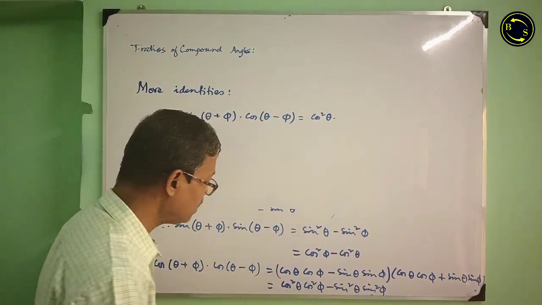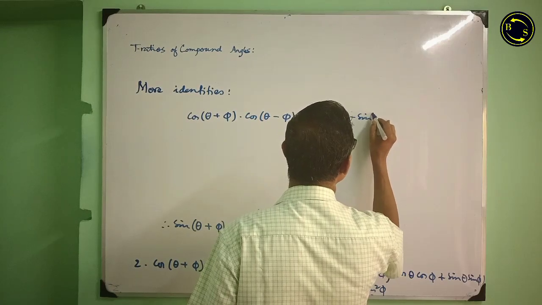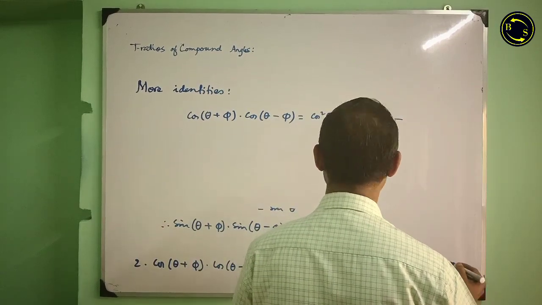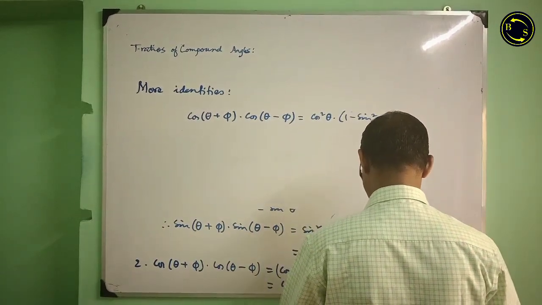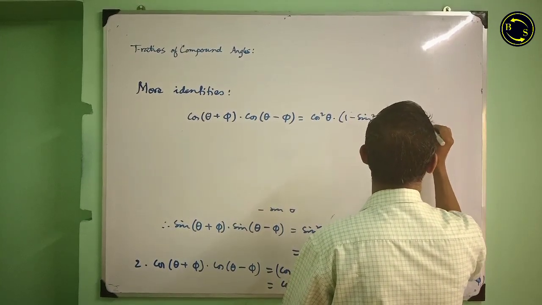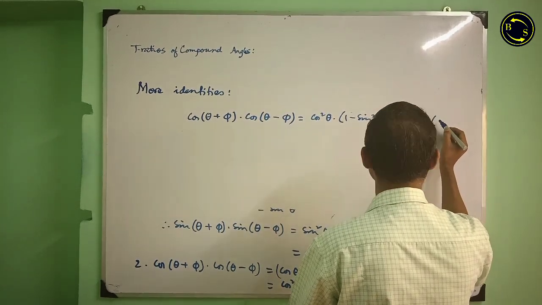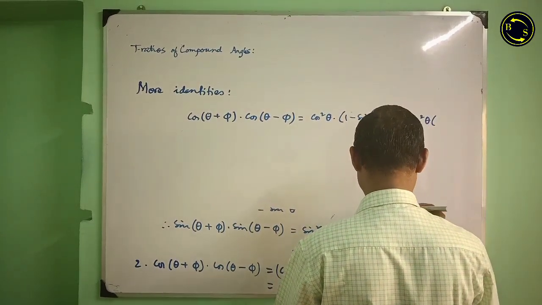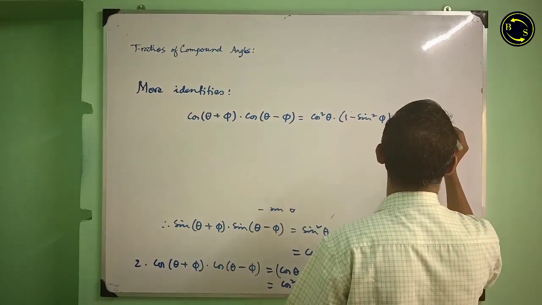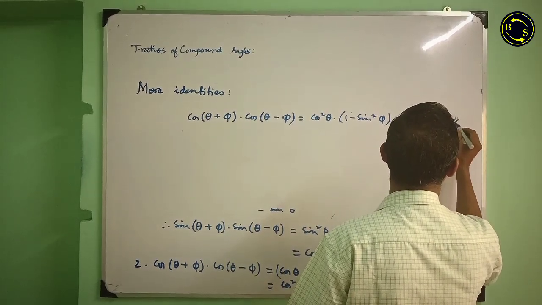This cos square phi is replaced by 1 minus sin square phi, minus sin square theta sin square phi.